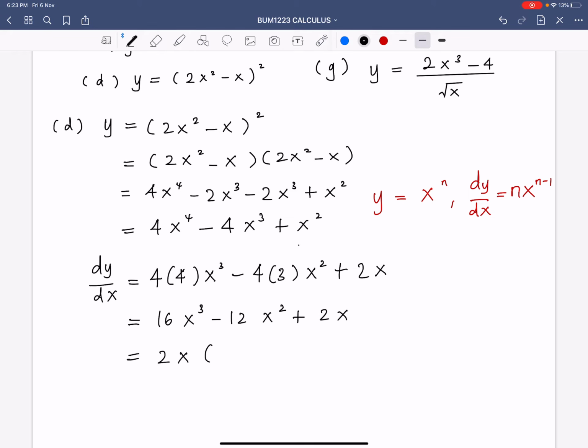So 2x times 8x squared minus 6x plus 1. Okay, so that is the final answer for question D. Now we want to move on to question E.